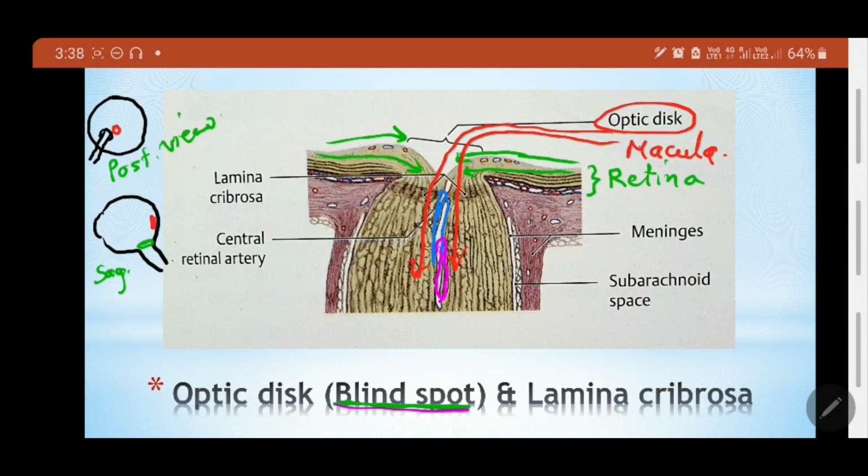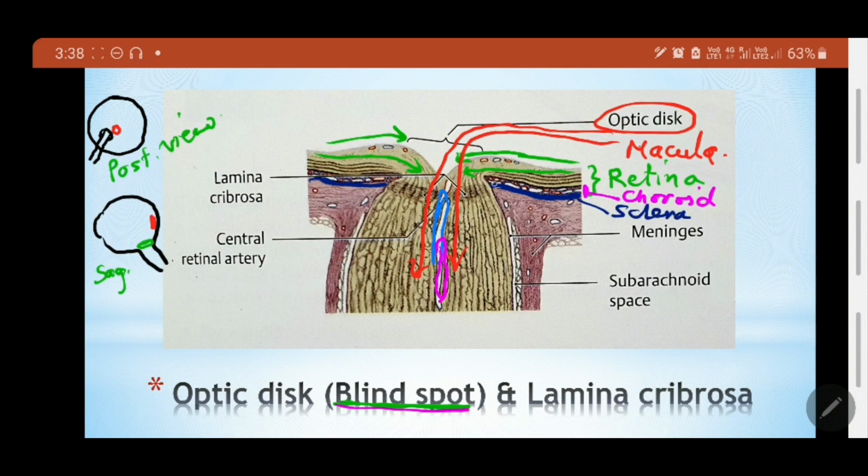Okay. Now think about how they will pass out, because the sclera, which is the outer fibrous layer, at this point has sieve-like perforations. Okay, so this you can see is the vascular layer, the choroid, and beyond that is the layer of sclera.